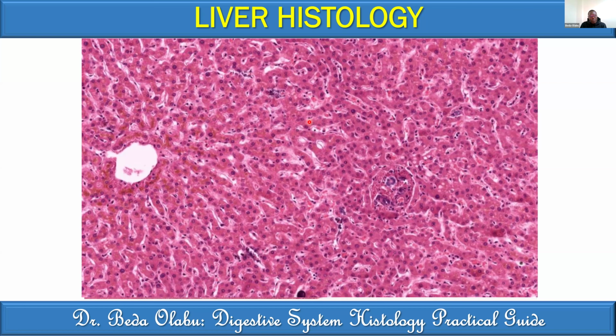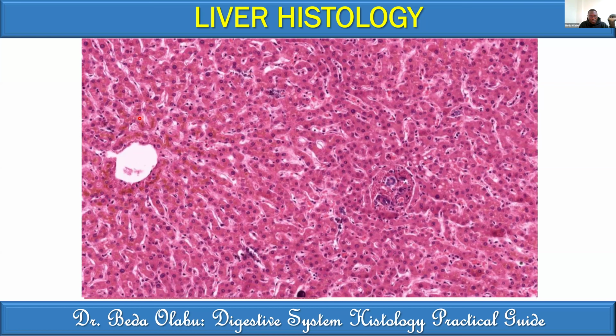And perhaps you may perceive at this point, or maybe not yet, that the cords tend to radiate towards or away from the central vein. Look at that direction, radiating from here. Look at this one, radiating from there. Look at those ones. They radiate from the central vein. So the cells are arranged in cords, and the cords are radiating away or towards the central vein.